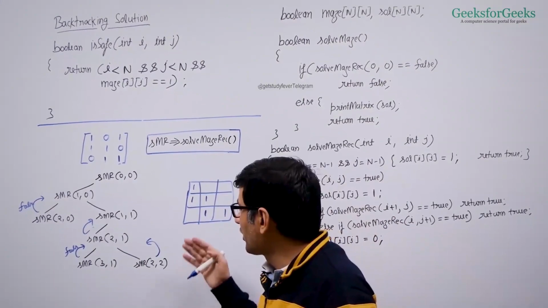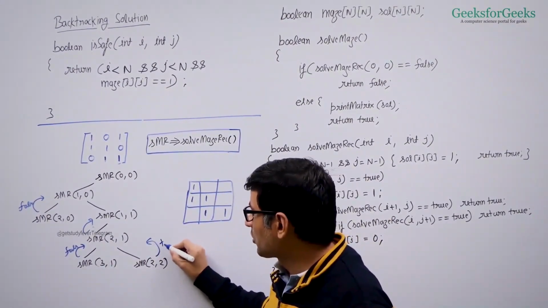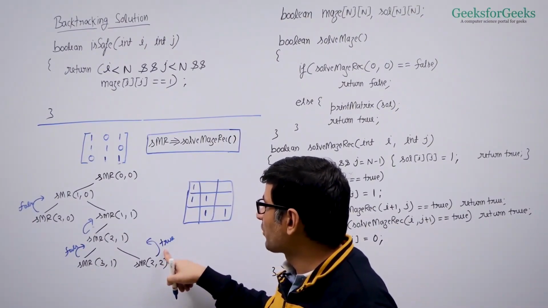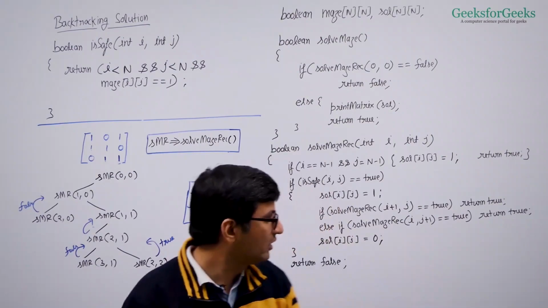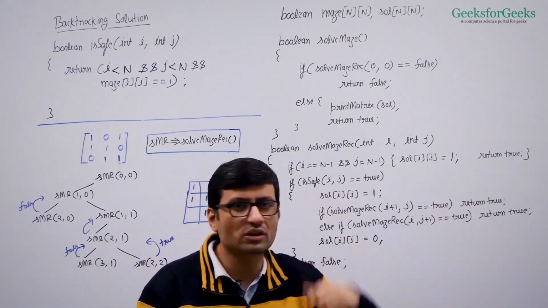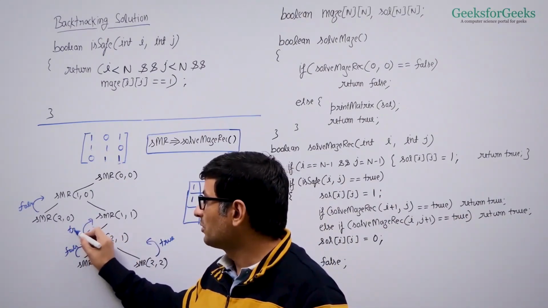And how do these return values work? As soon as it finds a solution here, it returns true to the parent. And the parent, as soon as it finds a true value from a child call, returns true to its own parent.